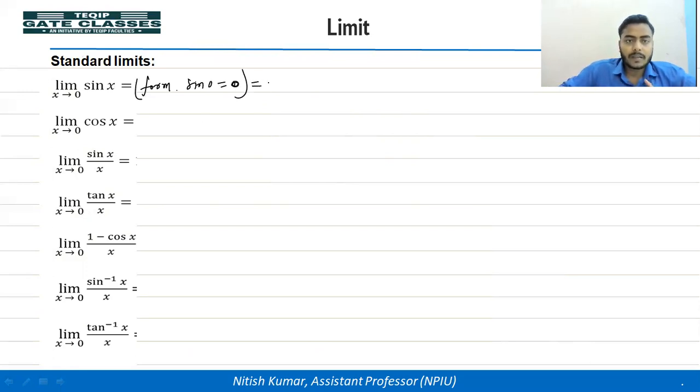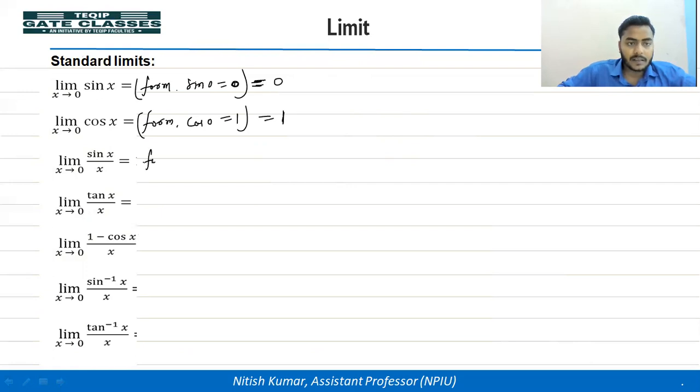So the result will be 0. Right? Now cos 0, फॉर्म क्या है? cos 0 is 1. It will be 1. So whenever you get a determinate form, you will have a fixed limiting value, fixed results.